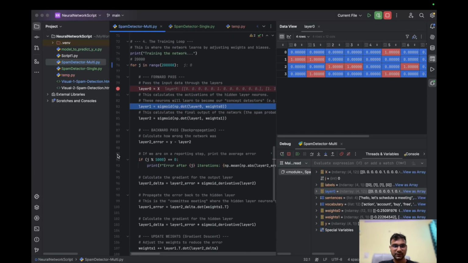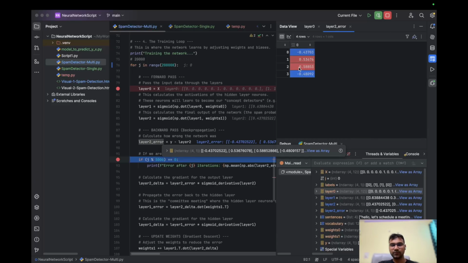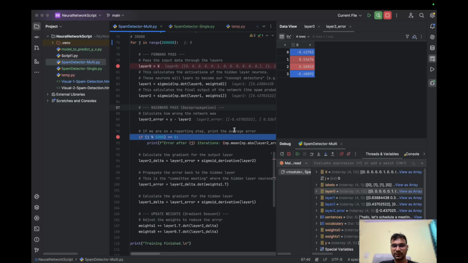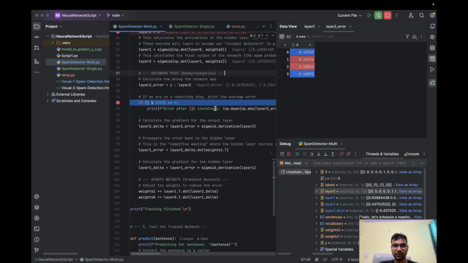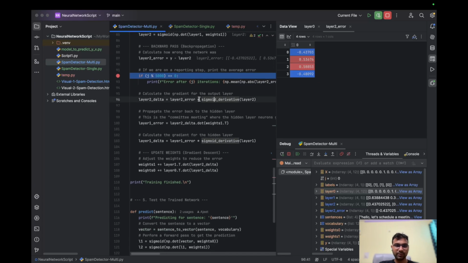If we look over here, this is the layer 2 error. The dimension has been increased here as well, for the first, second, third and fourth example. Just one extra dimension has been added for the examples in every parameter.